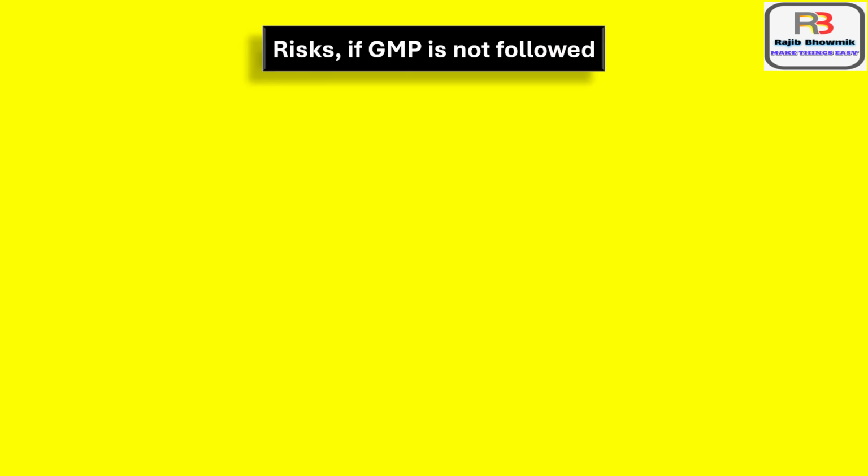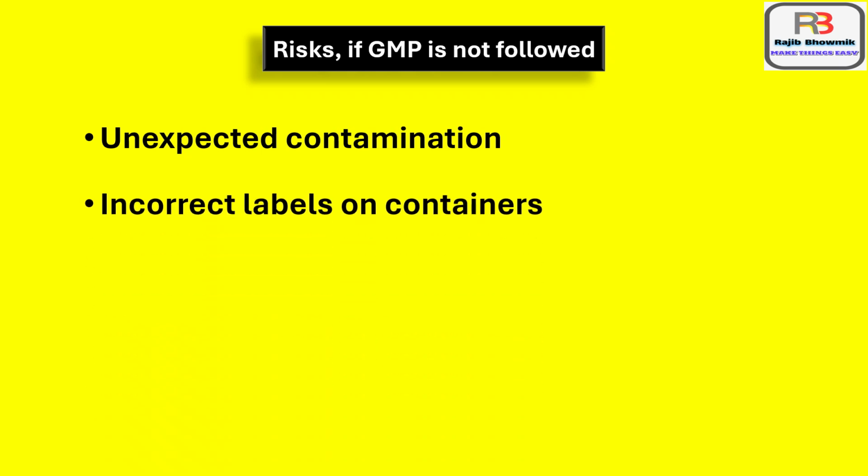Now let us understand what are the risks are there if GMP is not followed. Unexpected contamination in products causing damage to health or even death. Incorrect labels on containers, which could mean that patients receive the wrong medicine.